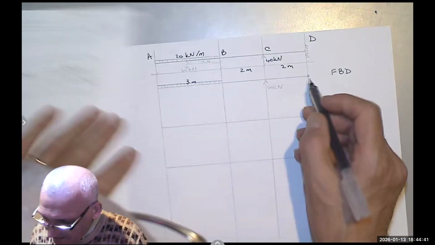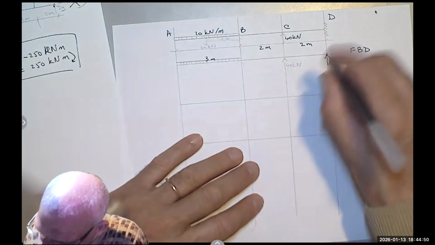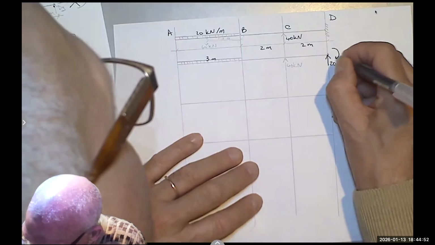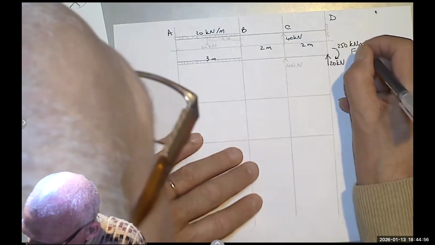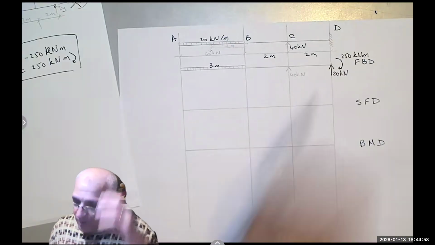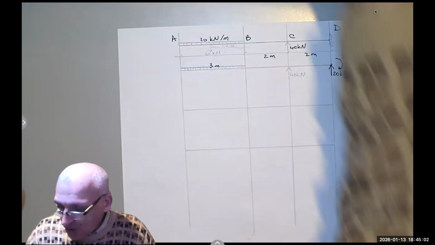I will come here at the free body diagram, and I will draw a 20 kilonewton going up and a 250 kilonewton meter going clockwise. It's a negative moment. Word of caution here.